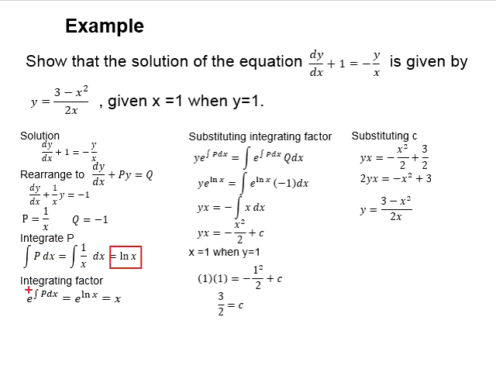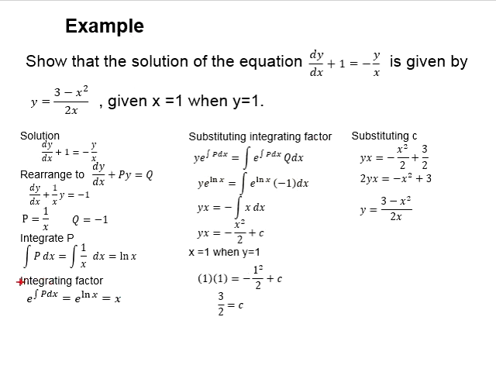Adopt the ln x into the integrating factor, which is e to the power ln x, and this will give you x ultimately. Your next step will be substituting the integrating factor by using the formula here.